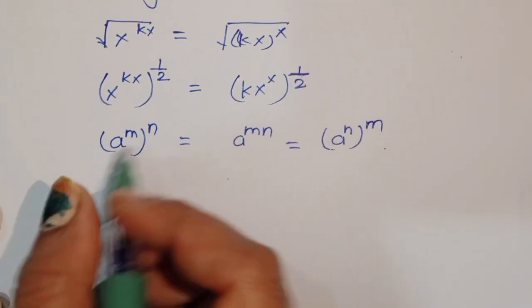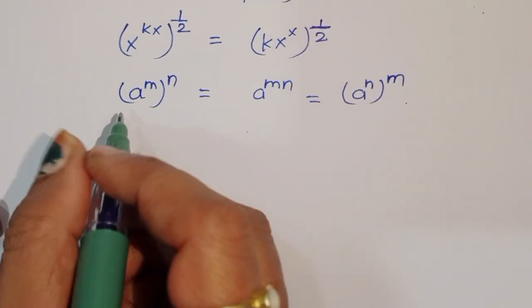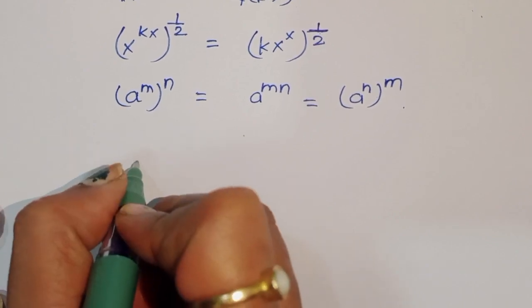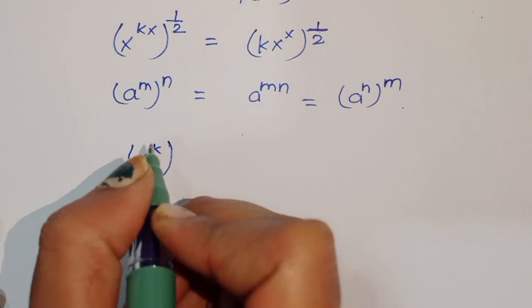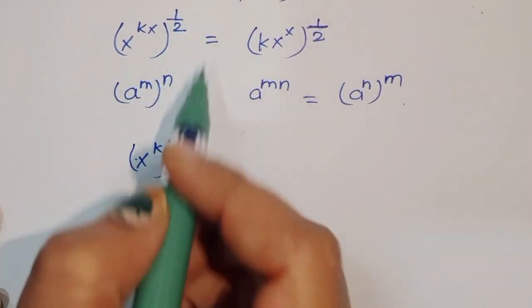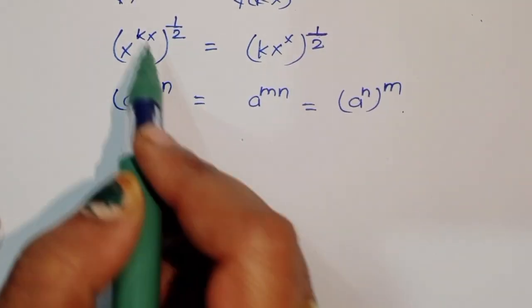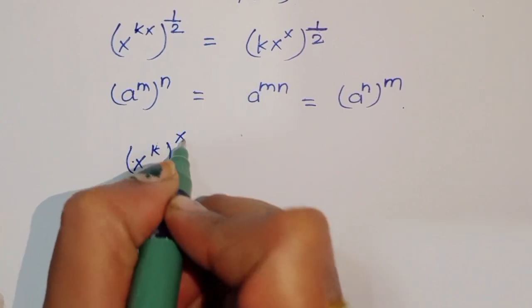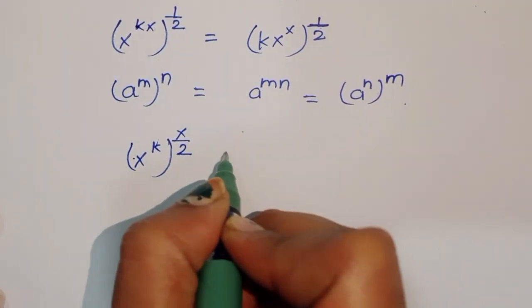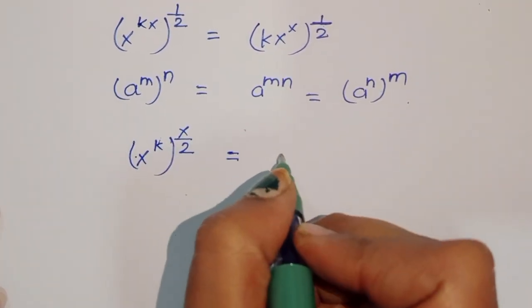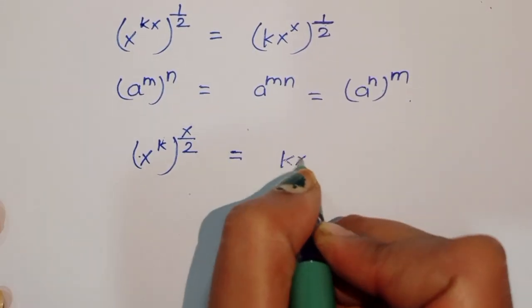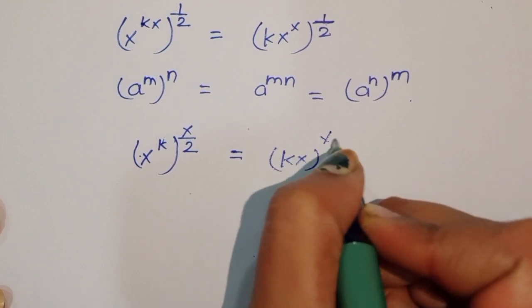So using this formula we can write x raised to k raised to x by 2, and we can also write kx raised to x by 2.